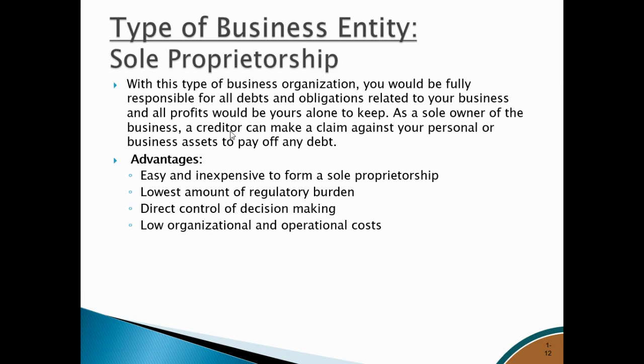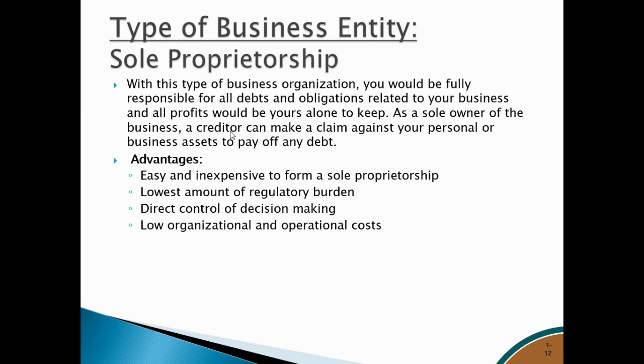And of course, the fourth advantage would be low organizational and operational costs. If you take a corporate, your operations structure is long. It's huge because you have shareholders, then you have a board of directors, then you have senior executives, vice presidents, senior vice presidents, assistant vice presidents, and executives, a huge organizational structure.